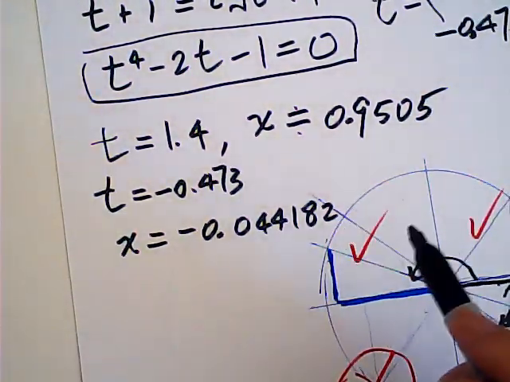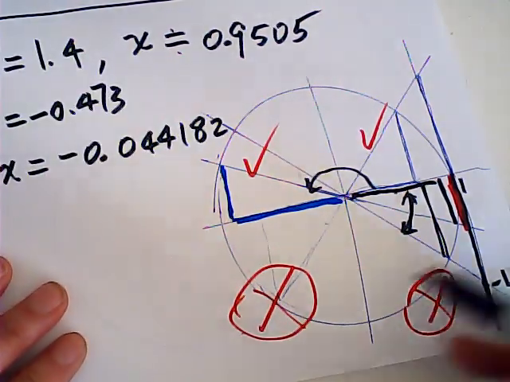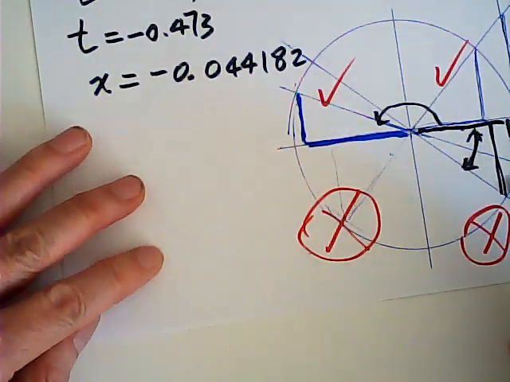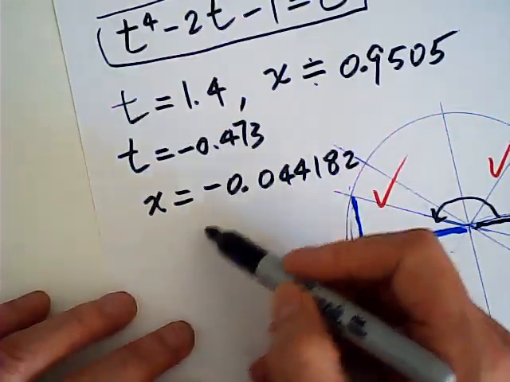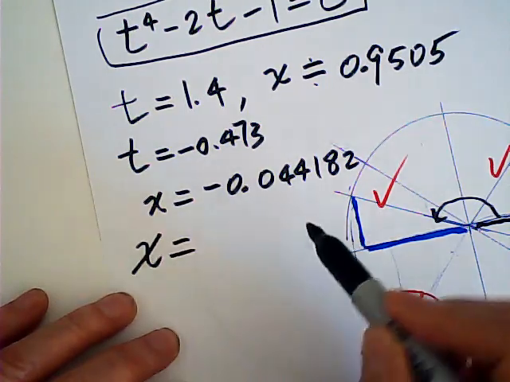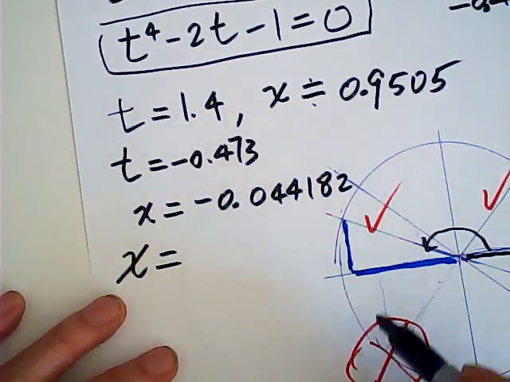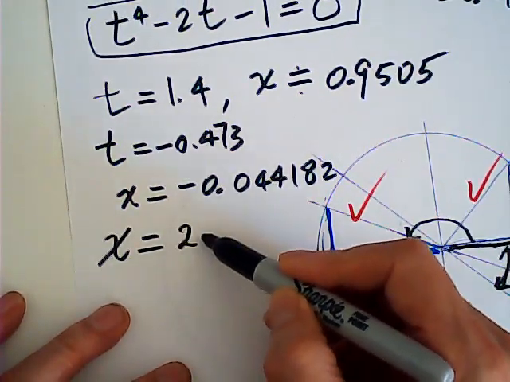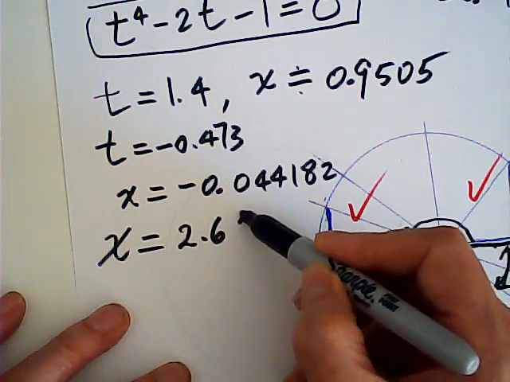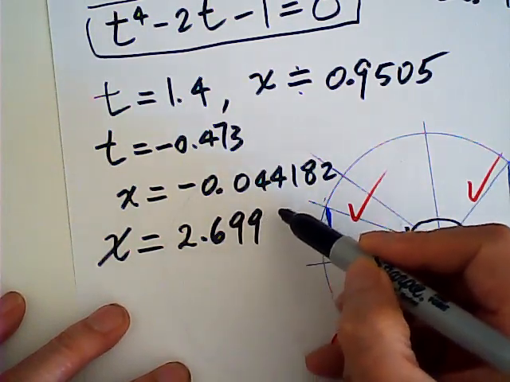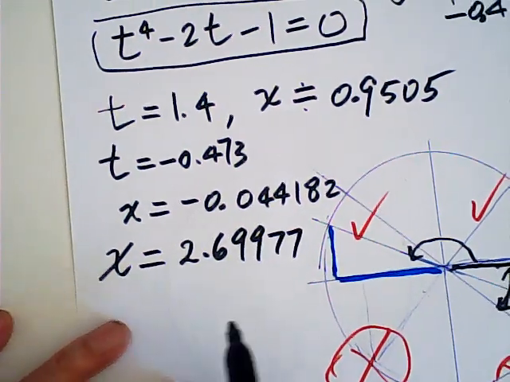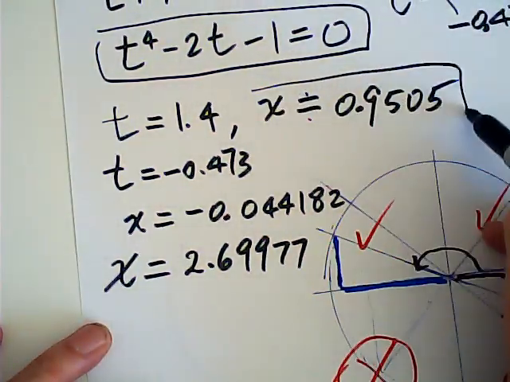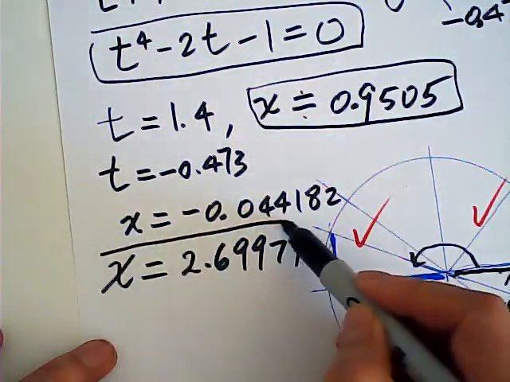This angle is not good because, as we analyzed, the fourth quadrant is not possible. Therefore, we convert this one into the second quadrant, it's just plus pi, and x is equal to 2.69977. So that angle is okay because it is in the second quadrant. So we have two solutions. One is this, one is that.